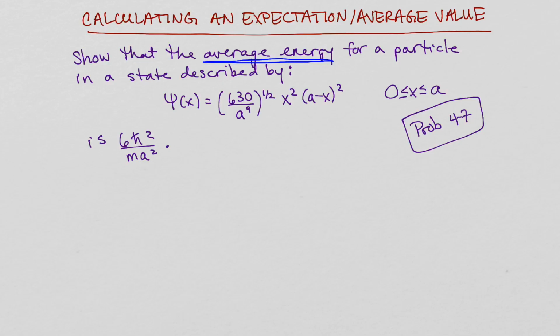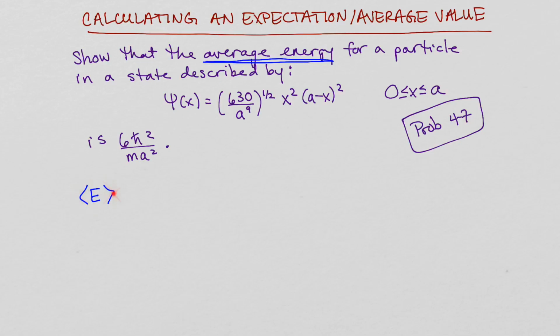So we know that the expression for calculating the average of a quantity is a standard expression. If we want to calculate the average energy of this particular state, we denote that with our observable quantity, and then these brackets around it just indicate that we're calculating the average value.